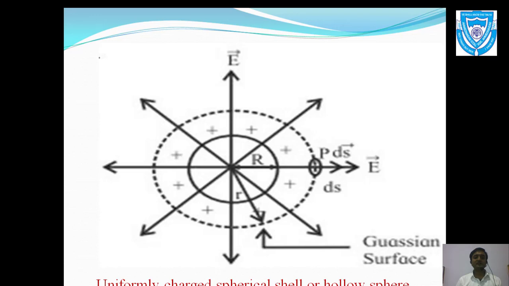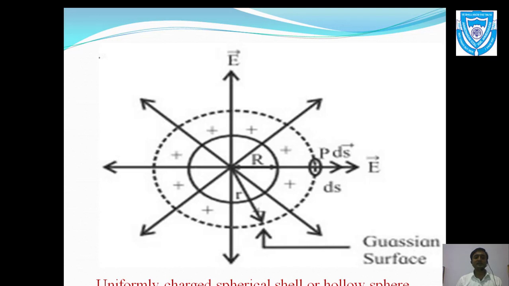We have considered this sphere whose radius is capital R, which is the hollow sphere, which has uniform charge distribution around it. The total charge on the sphere is small q. Now we have to find the electric field intensity at point P. For that, we have to consider a concentric sphere around the actual sphere, which is shown by a dotted line.